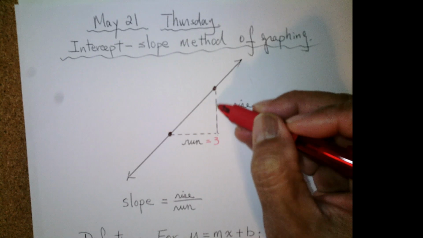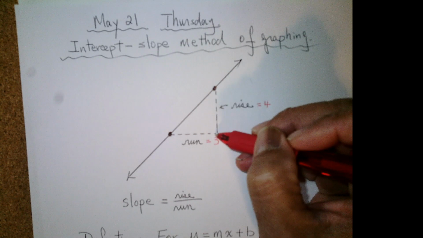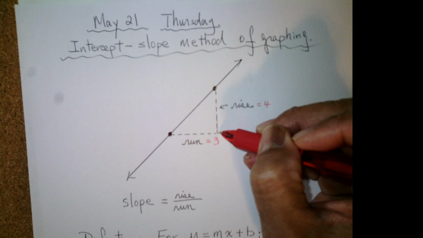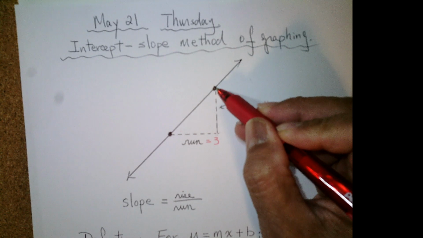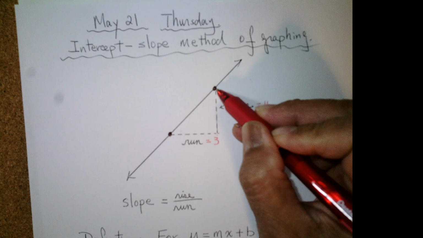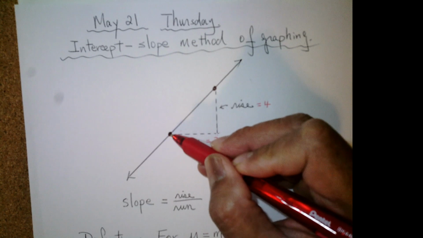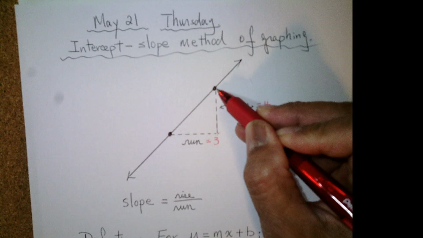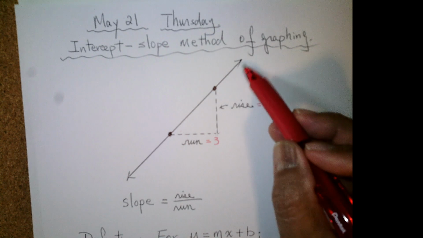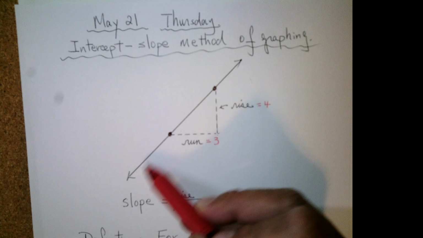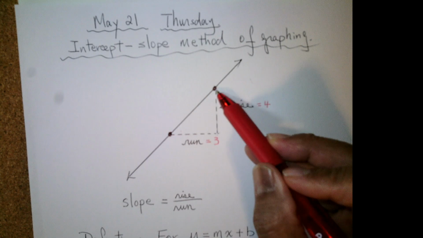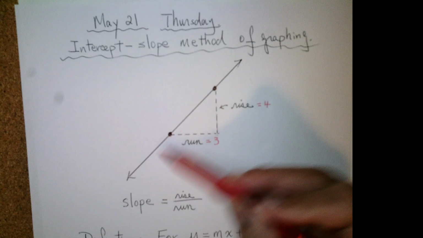Then you can go up 4. Then we can easily locate another point belonging to the line, including the starting point and this point. Then task accomplished. We can just draw a line through the 2 given points. Then a line is formed.